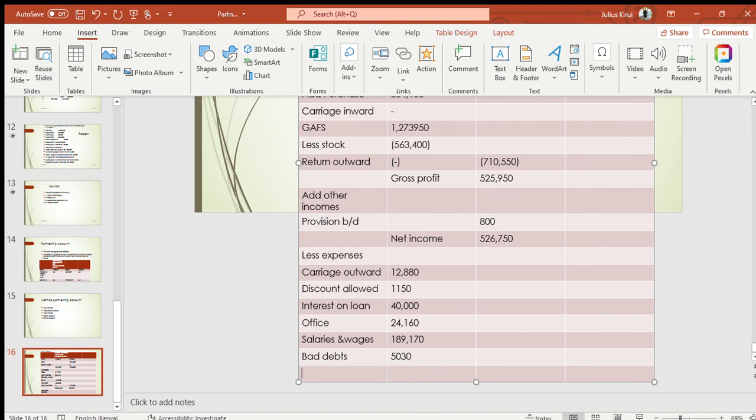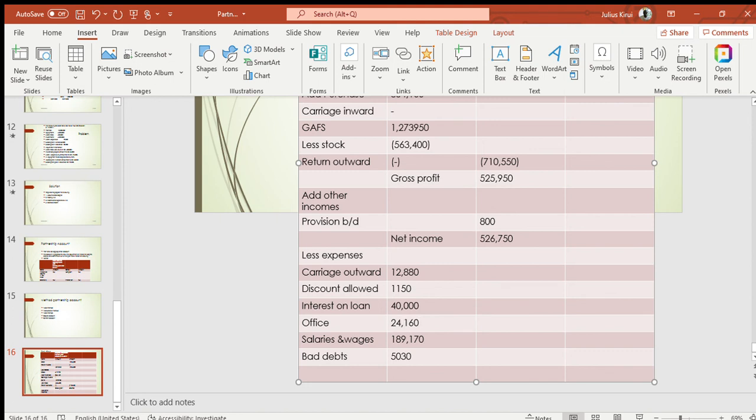Provision, we are done with that. Go to additional information. Oh, we have not featured the additional information. The accruals. We have accruals which must be featured. So meaning that in additional information, expenses to be accrued, office expense, we have 960. So in the office expense, we need to add 960. So 24,160 plus 960, what do you get?